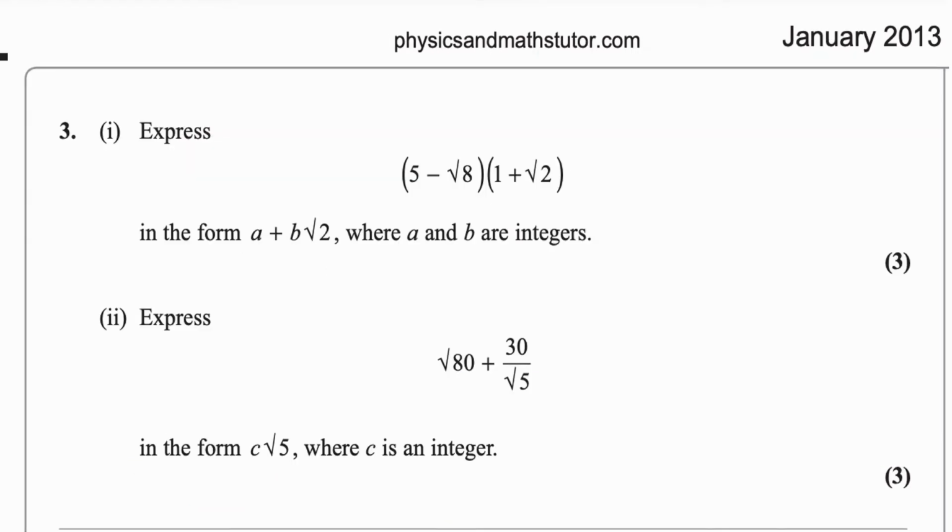Question number 3, guys, on the January 2013 paper. 3i, express 5 minus root 8 times 1 plus root 2 in the form a plus b root 2, where a and b are integers. So expanding brackets with surds, 5 times 1 is going to be 5. 5 times positive root 2 is going to equal 5 root 2.